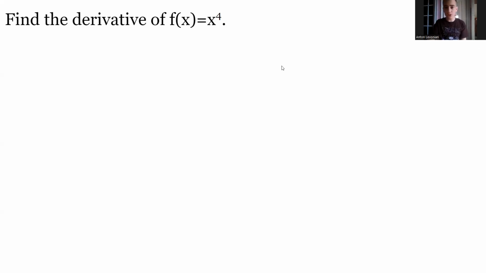And then when you're finished, please just type done and type your answer also. So if you want to type a power, remember you can type Shift 6. Try to find the derivative. I will give you about 5 minutes to do so, and then we will go over it.